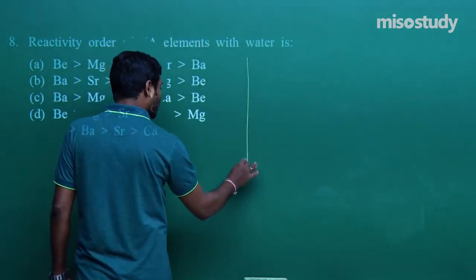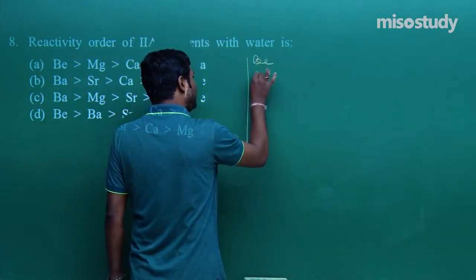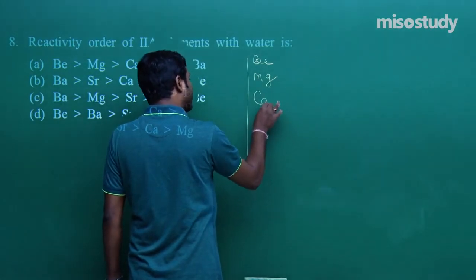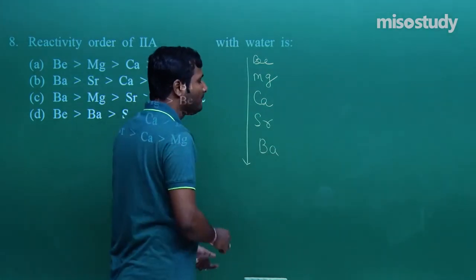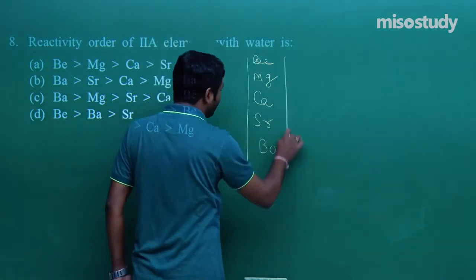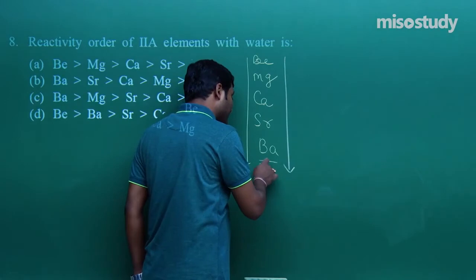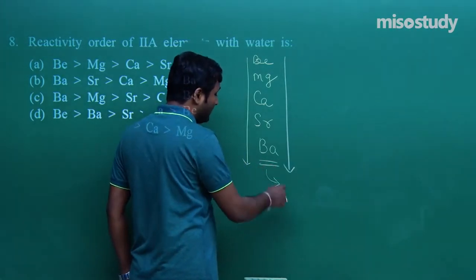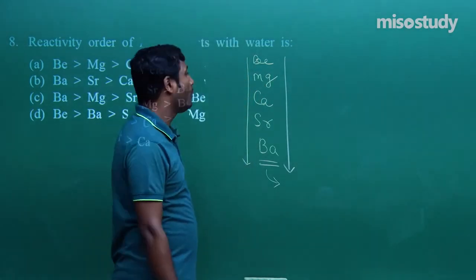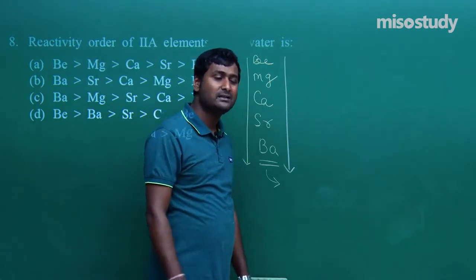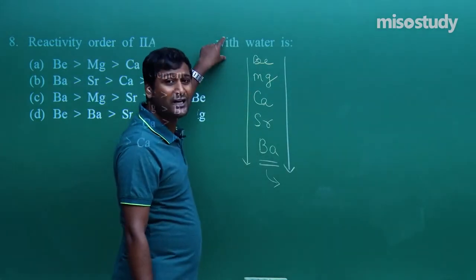When we move down the group, beryllium, magnesium, calcium, strontium, barium and radium, ionization energy decreases, and if ionization energy decreases, then there is a very powerful tendency to release electrons. That is, the reaction will be powerful, the reaction completes in quick time.